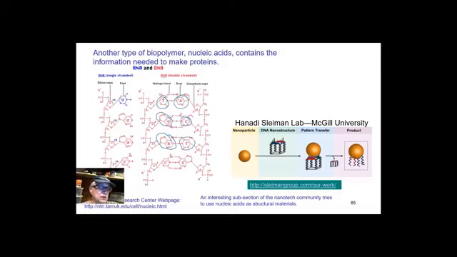RNAs have similar situations. Here is a uracil base on this one, and it is shown as a single-stranded helix. The beauty of these systems is the incredible interlocking capabilities of these base pairs. A and T always go together. G and C always go together, right?